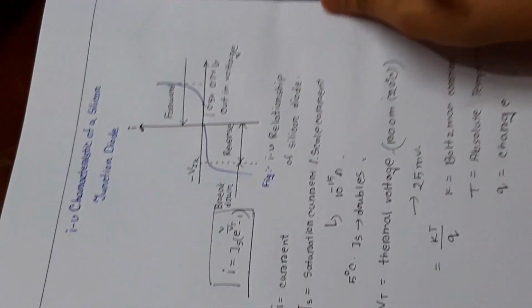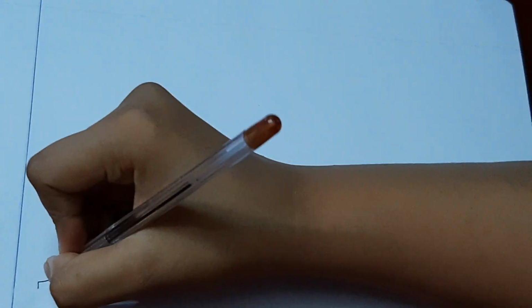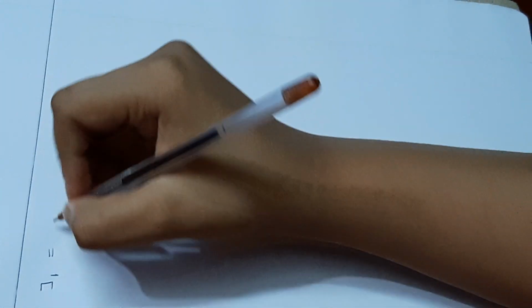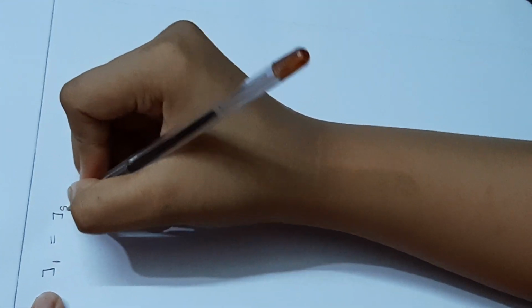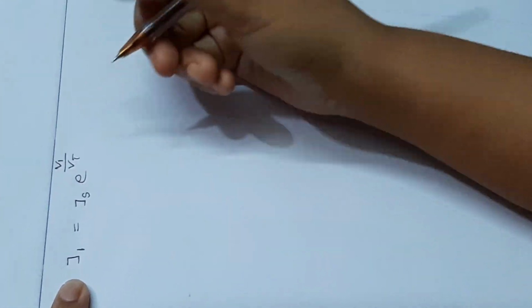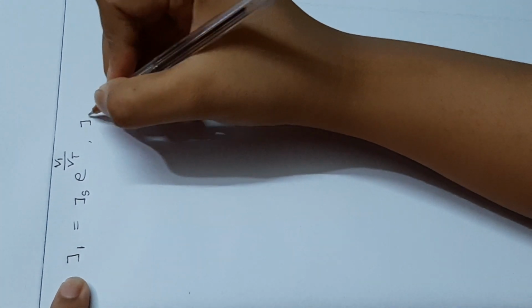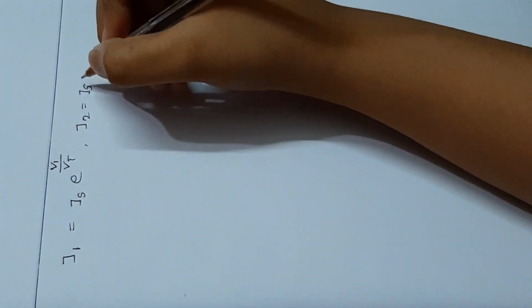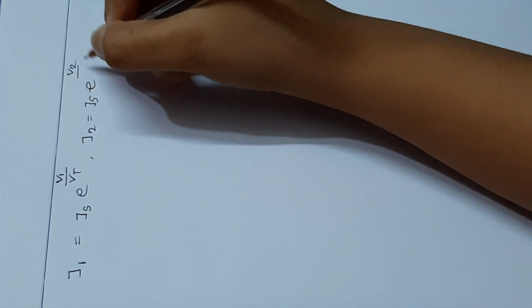Then next we can move to another relationship. That is, if I1 is equal to Is times e to the power V1 by Vt, then I2 is equal to Is times e to the power V2 by Vt.